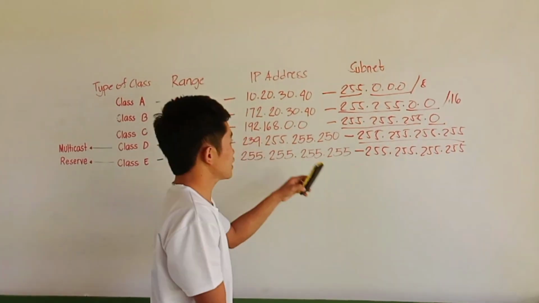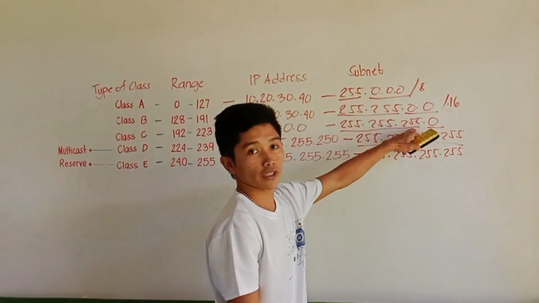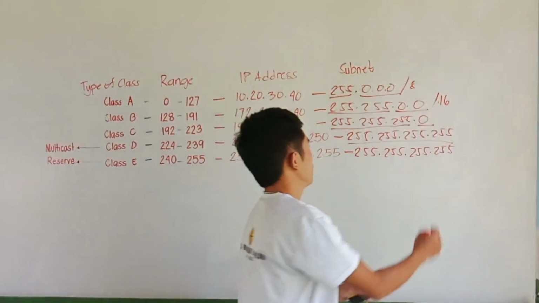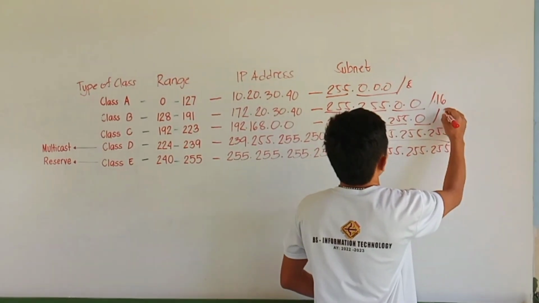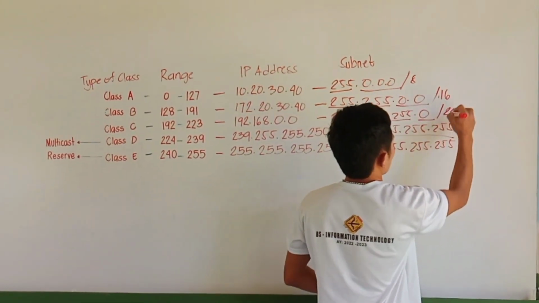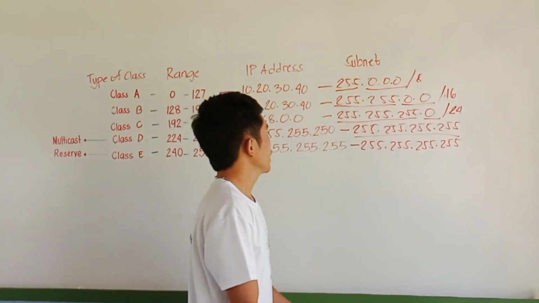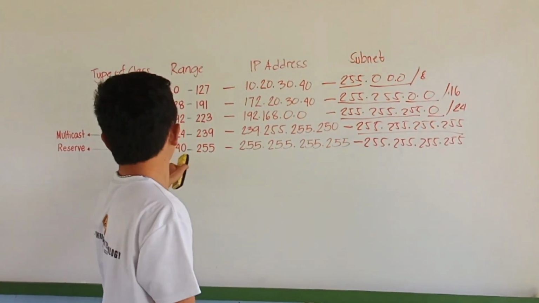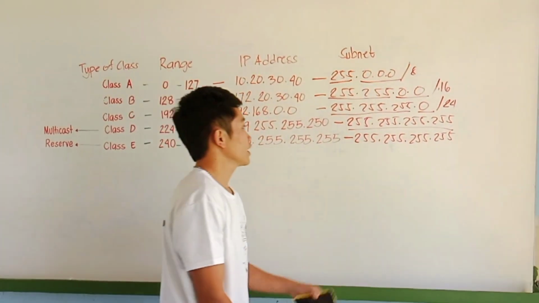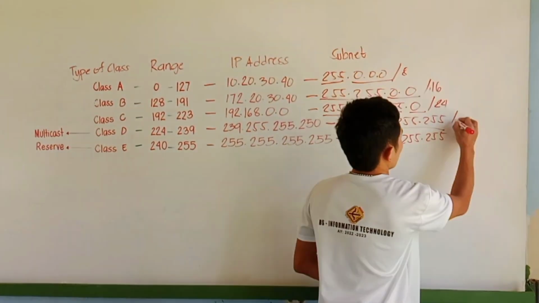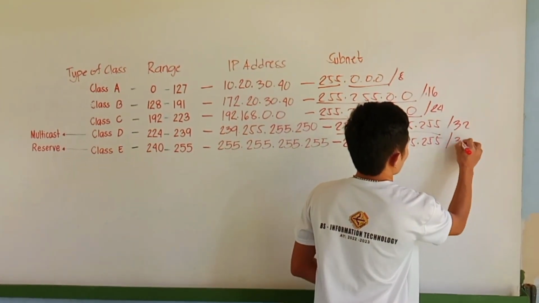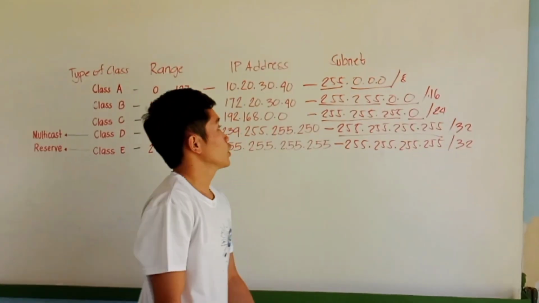Then for class C, we have 3 network octets, so it will be 24 bits, as you can see in the previous video. Then for the last 2 classes, it will be 32 bits.